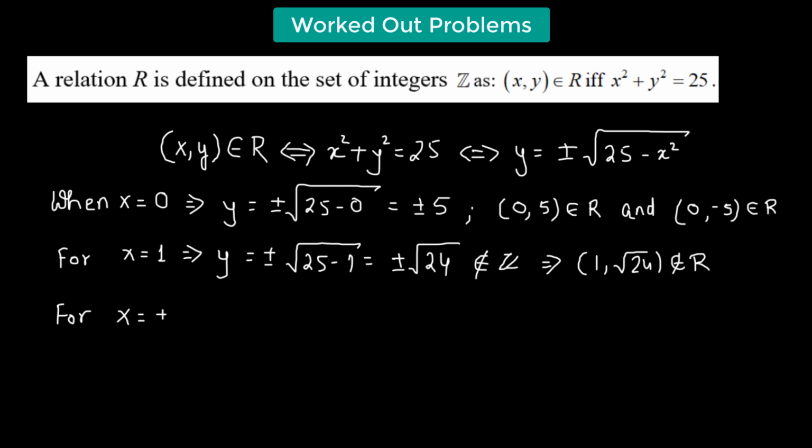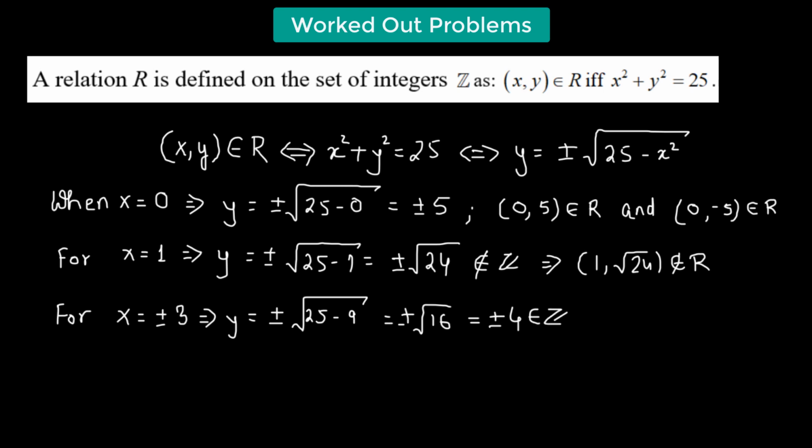So we'll move on to the third value. So let's take it as plus or minus 3. So we'll get y is equal to the square root of 25 minus the square of 3, which is 9. So that gives us a square root of 16. 16 being a perfect square, we'll get plus or minus 4. And we know that 4 belongs to the set of integers. So that will give us 4 ordered pairs.